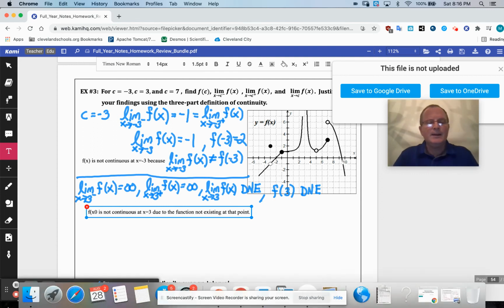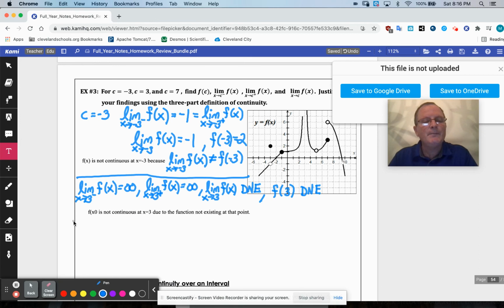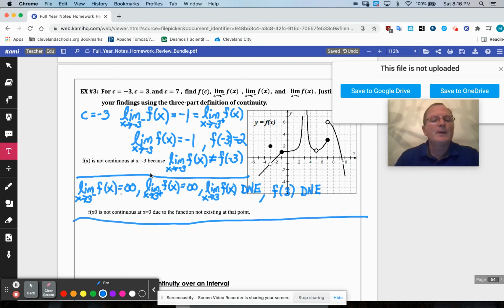All right, and so then, last one, at 7. What do we have going on at 7? When c equals 7, the limit as x approaches 7 from the left of f of x appears to be 3.